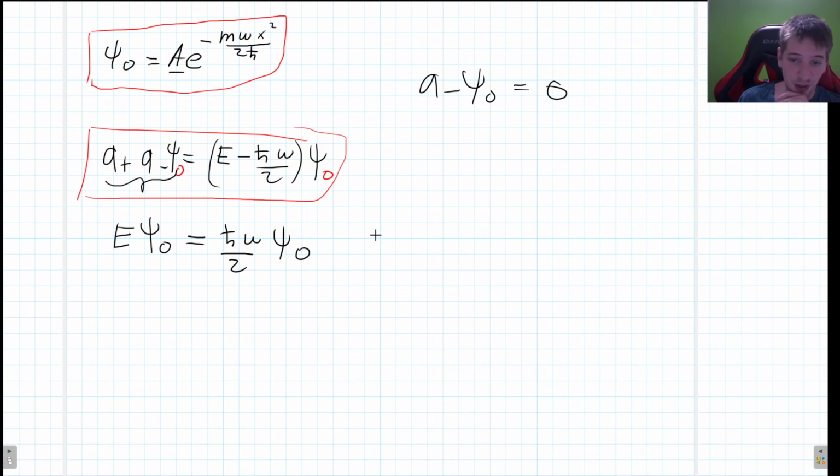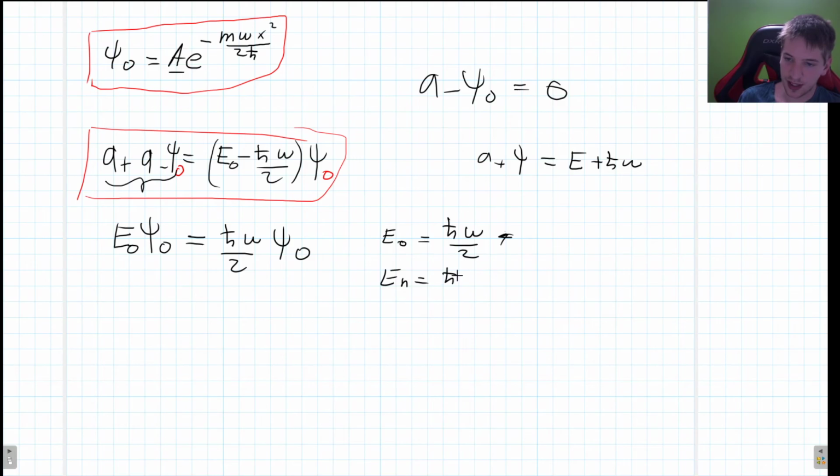And take a look at this. We already found, let's call this E0 actually, because it is the energy of the ground state, not just any energy. So we found that the energy of the ground state is just h bar omega divided by 2. And because we know that the raising operator a plus times psi is going to give you an increase in energy of h bar omega, we will know that the energy of some nth state is going to be the energy of the ground state plus n times h bar omega.